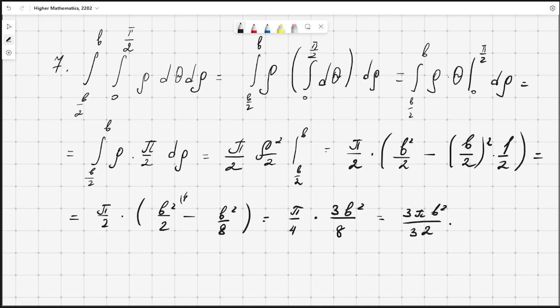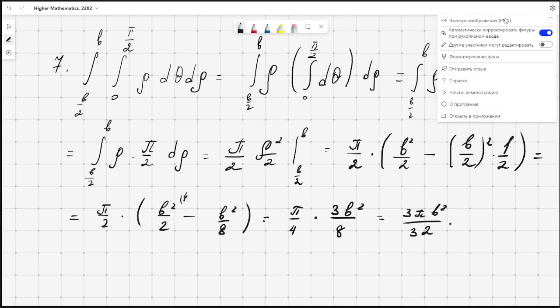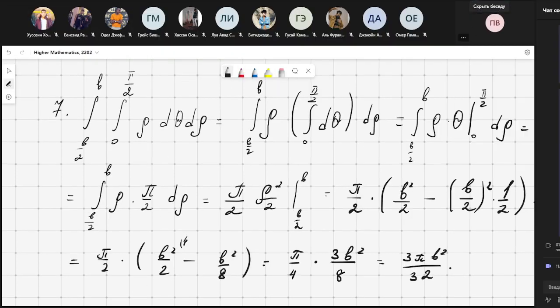Is it clear? Do you understand all of this? Now I give you the screenshot of the board in the chat and clean this board.